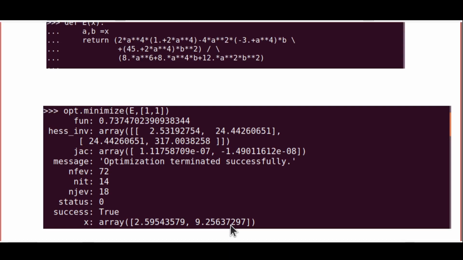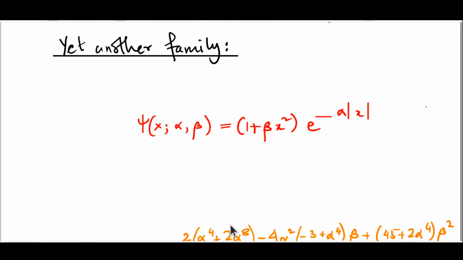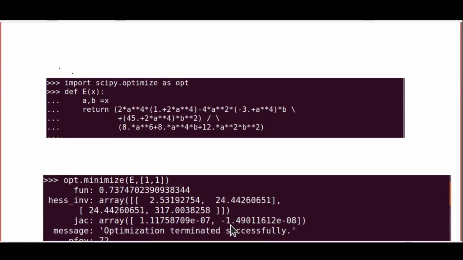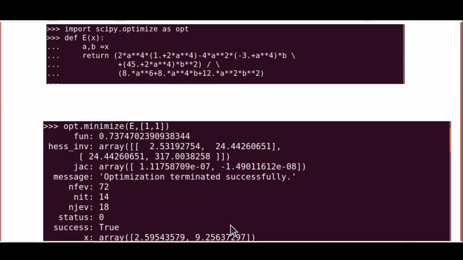This is giving me a larger value for the minimum, and given the fact that beta equal to 0 is very much a possibility within our family of wave functions, that is, the previous family, which had only e to the minus alpha mod x and a normalization, is very much contained within this particular family. It stands to reason that whatever minimum I get from here can only be lower than the minimum I had before, cannot be higher, but yet my optimized function is actually giving me a value which is higher than 0.7.